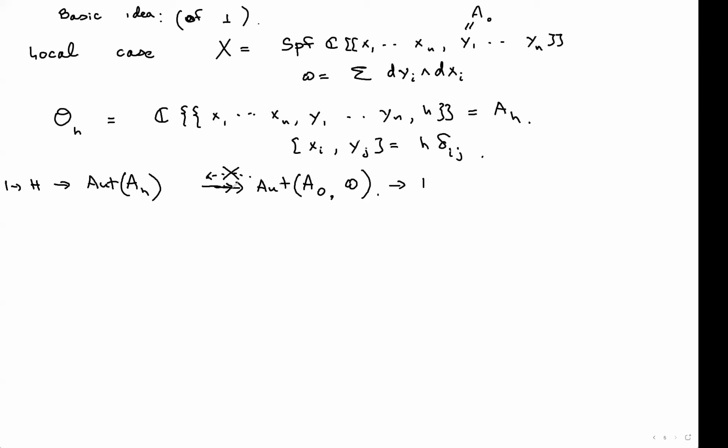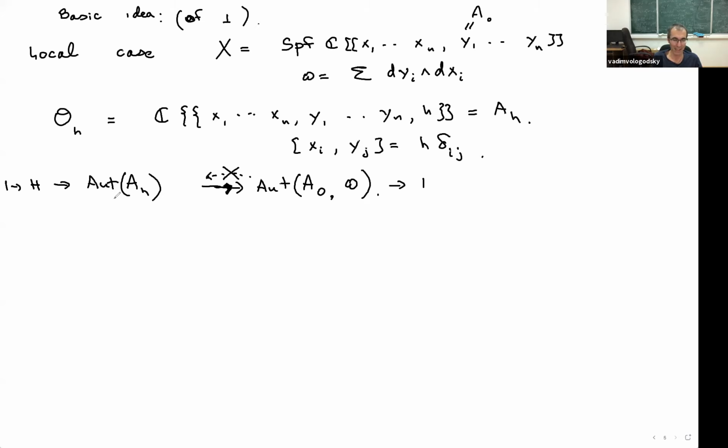That sounds strange. Yeah, so I think this Heisenberg extension does not really... what I'm saying is not correct. Okay, but still I claim that this extension does not split.